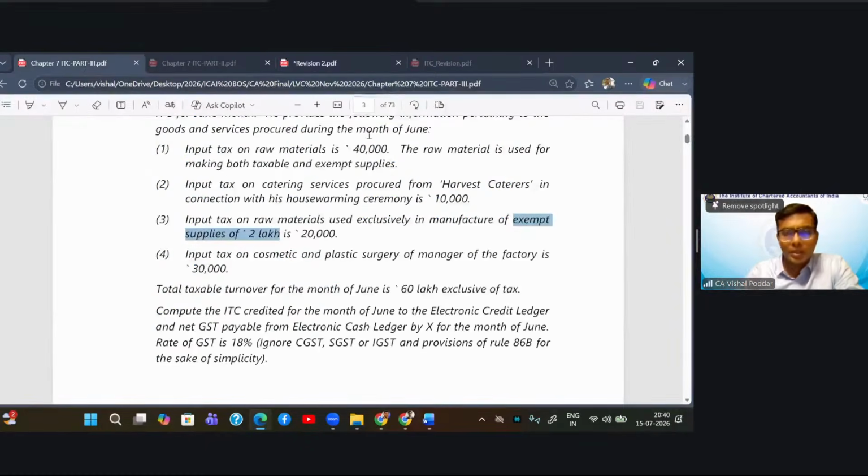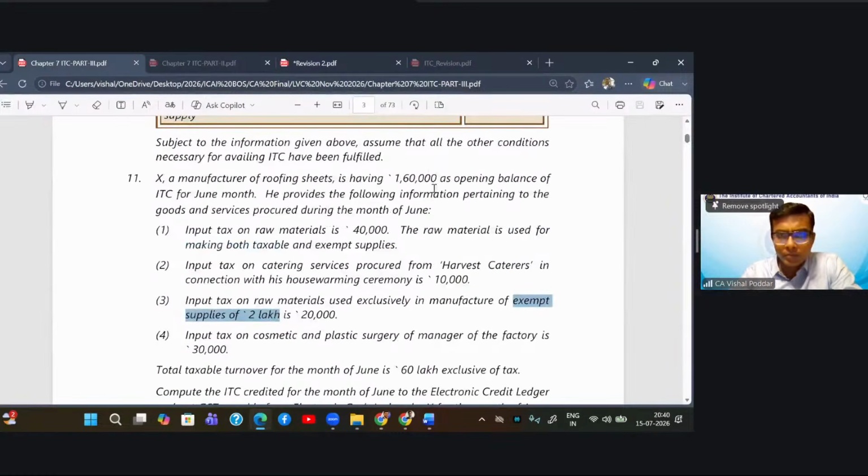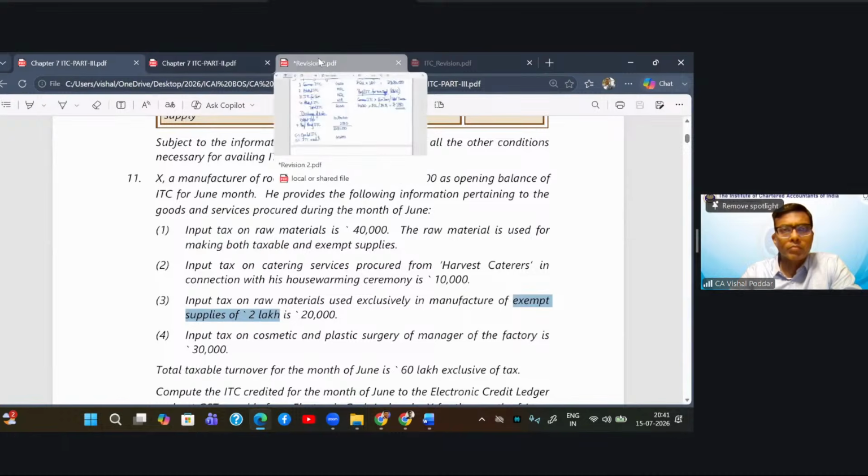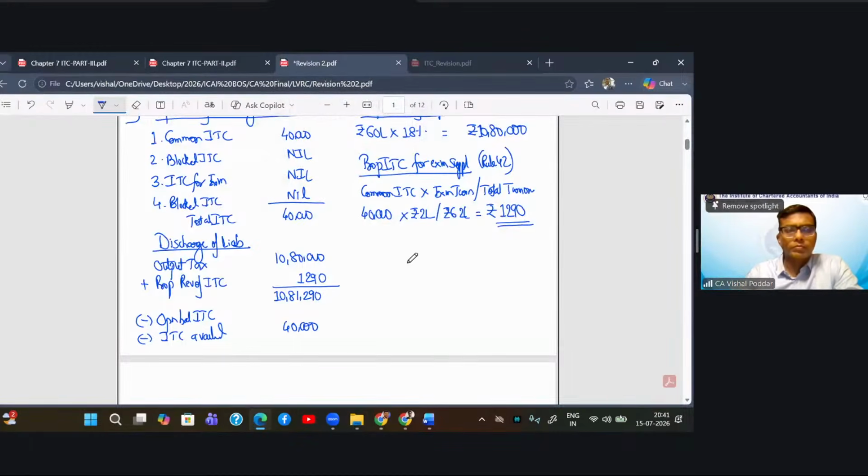How much was opening balance? 160. So balance is my tax payable, which I'll be paying through cash ledger, correct?